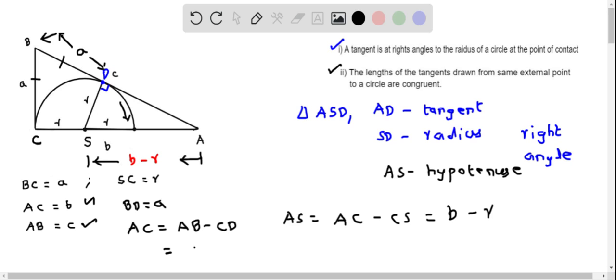So this is equal to AB, which is C, minus BD. We just found out BD equal to A. So therefore the expression for AD is C minus A. Let me write it down here. So this length is C minus A.